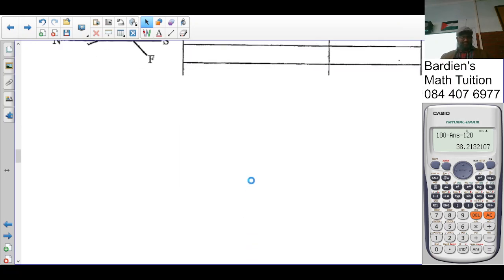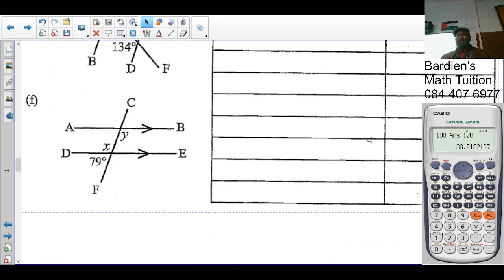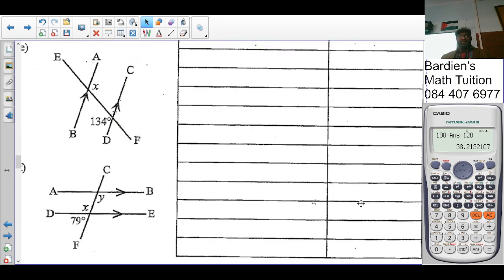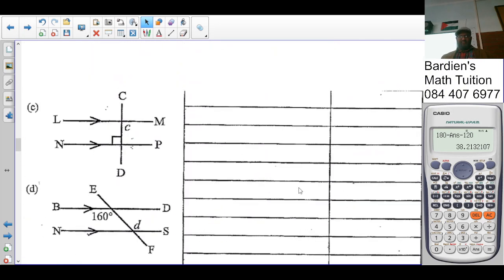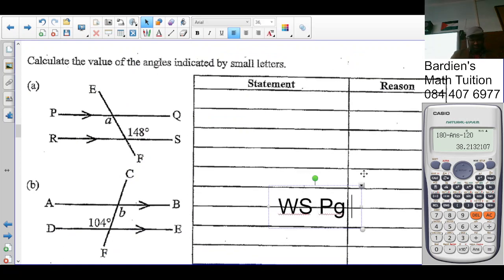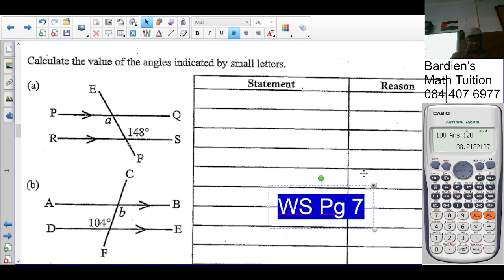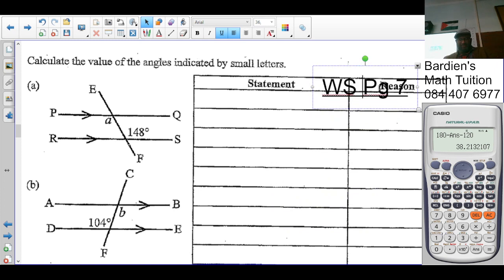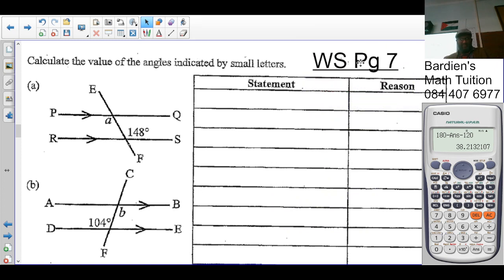Alright, so this is page 7. Okay, this is the workbook, worksheet, page 7. So what can we say here?